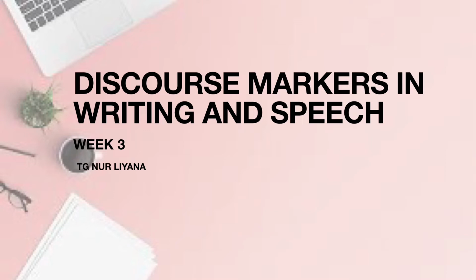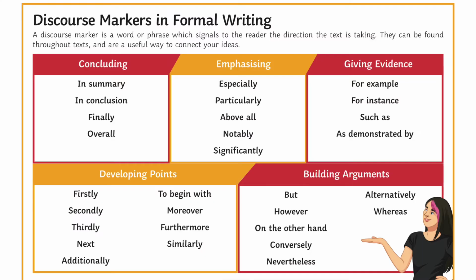When you are building arguments and when you are showing contradicting ideas, you have to use different markers such as but, however, on the other hand, conversely, nevertheless, and etc. These are the examples of different discourse markers for different purposes.